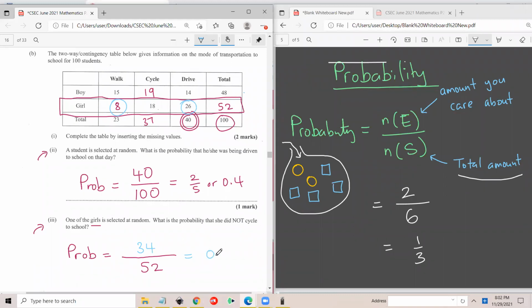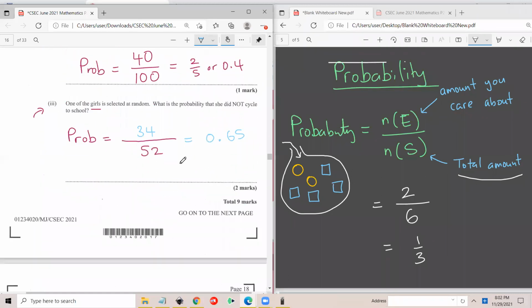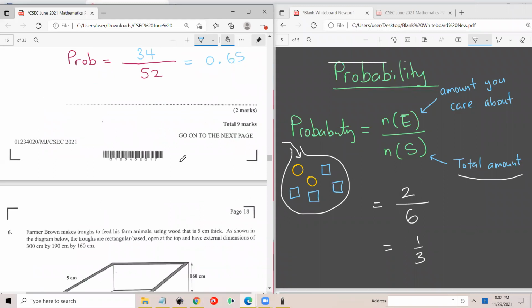I get roughly 0.65. If they ask you who did cycle, then you would have used the 18. And that is the end of that particular question.